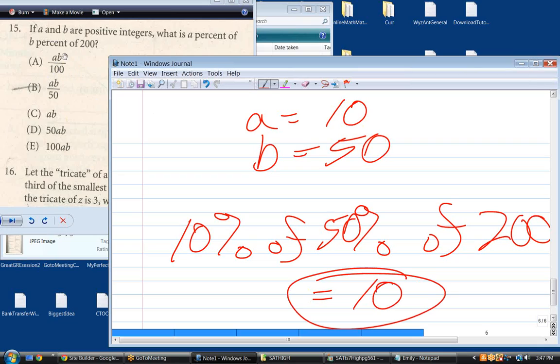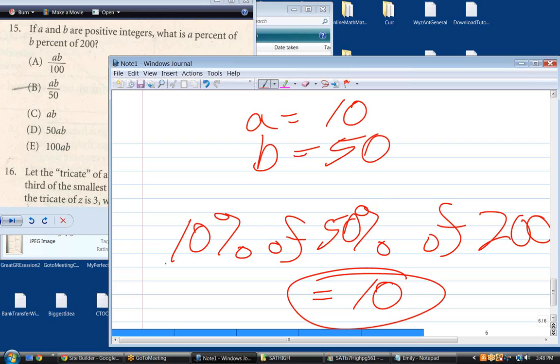Let's start checking. Is 500 divided by 100 10? No. Is 500 divided by 50 10? Yes. Is 10 times 50 10? No. Is that 10? No. And that's not 10 either.